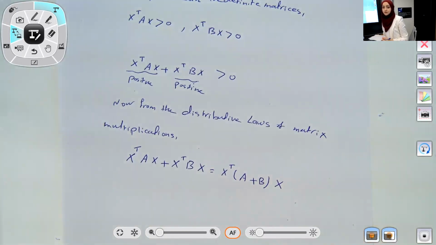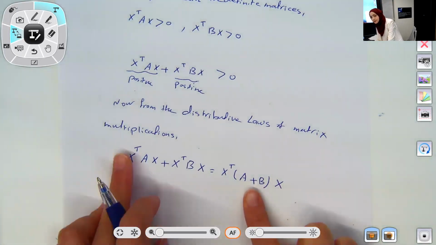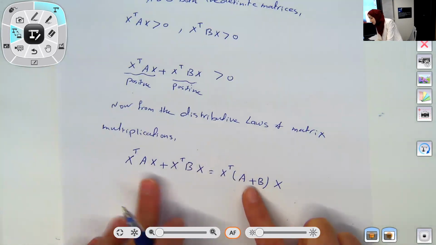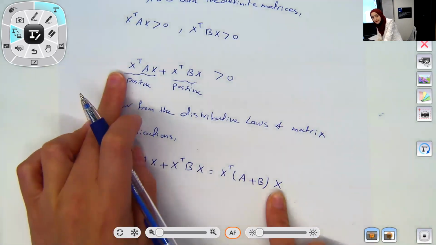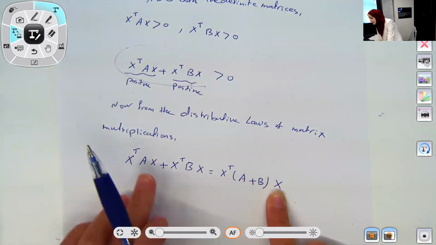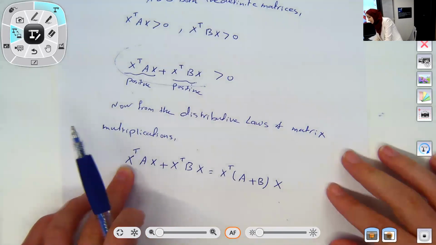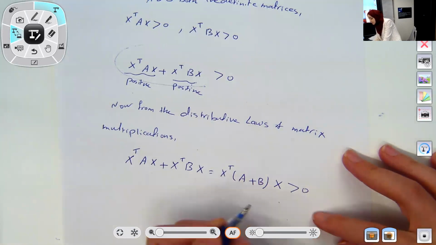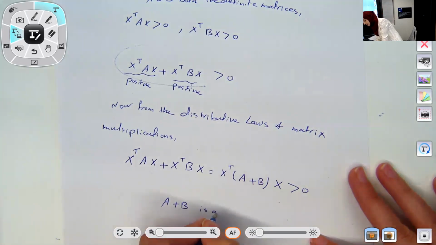We just use the distributive law. We showed that this value is always positive, and these two parts are equal. Because this part is positive, this part should also be positive. So x transpose times (A plus B) times x is also positive. So we can prove that A plus B is also positive definite.